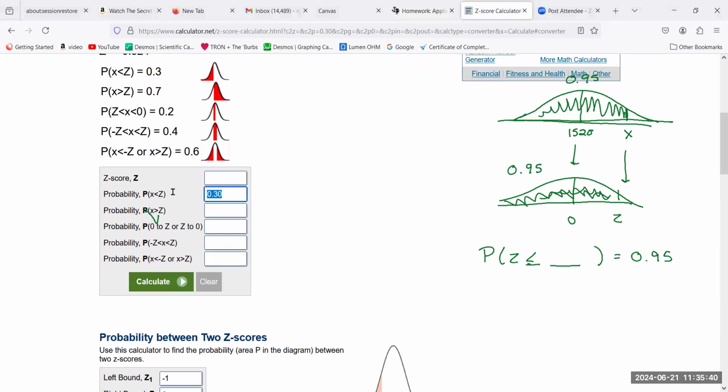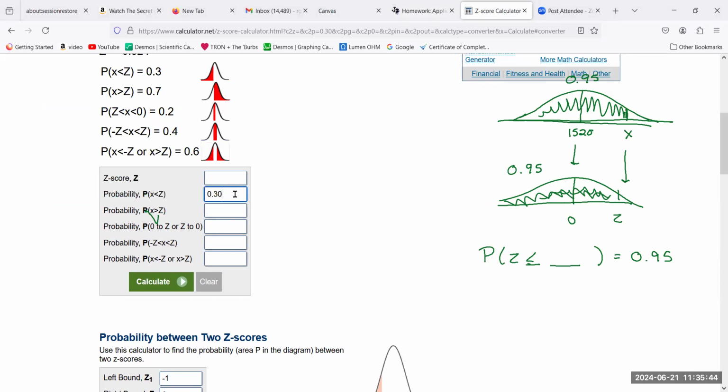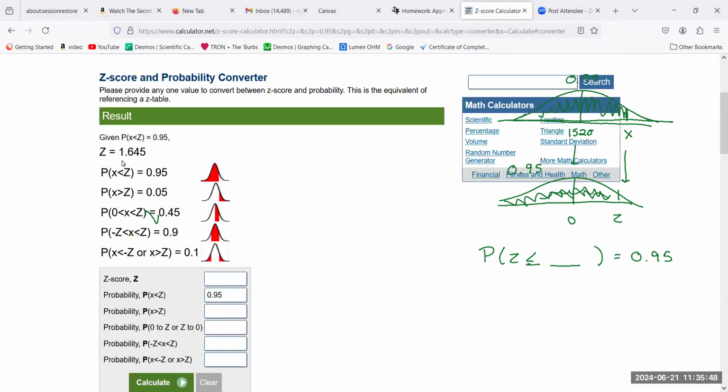Down just a little bit. So we're still using this part here. It's just instead of 30 now, we're going to have 95. And what we see is that the z-score associated with that 95% is going to be 1.645.